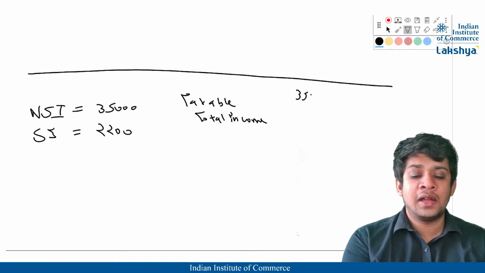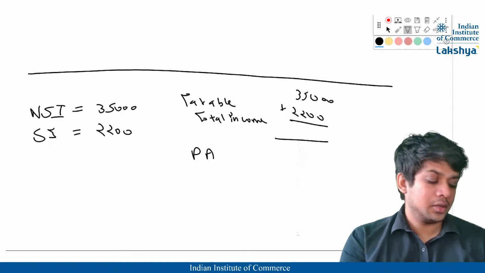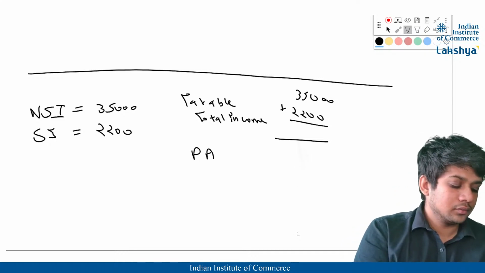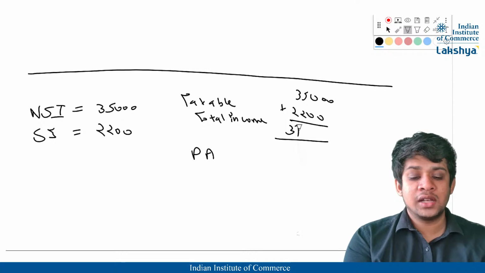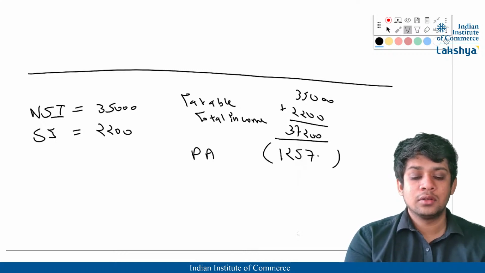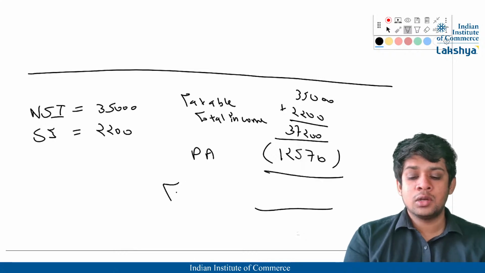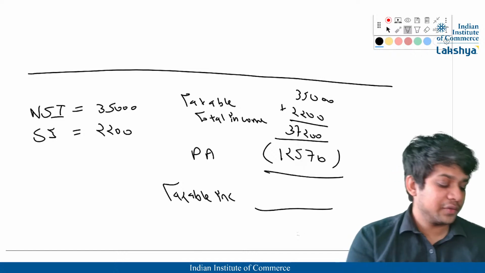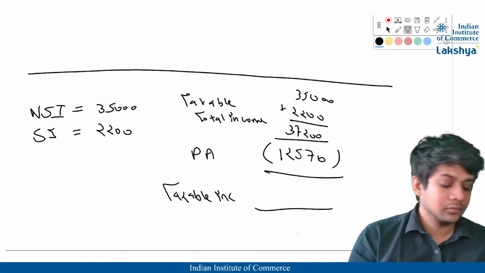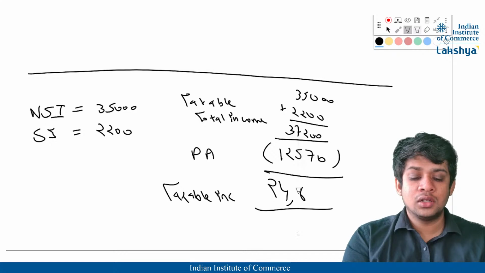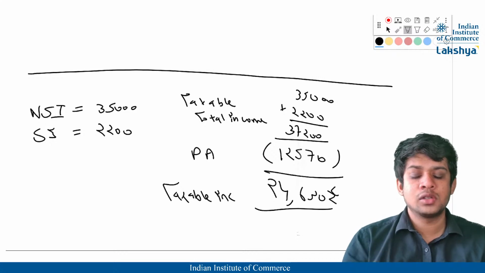It is going to be 35,000 plus 2,200, and obviously we'll deduct the PA from it. So that will be 37,200 minus 12,570, which will give me a taxable income of 24,630 pounds.